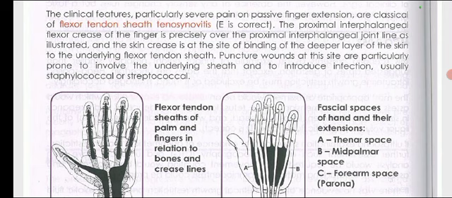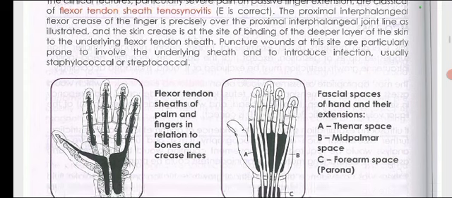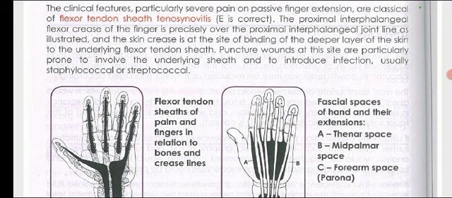So the proximal interphalangeal flexor crease of the finger is precisely over the proximal interphalangeal joint line as illustrated here. The skin crease is at the site of binding of the deeper layer of the skin to the underlying flexor tendon sheath.